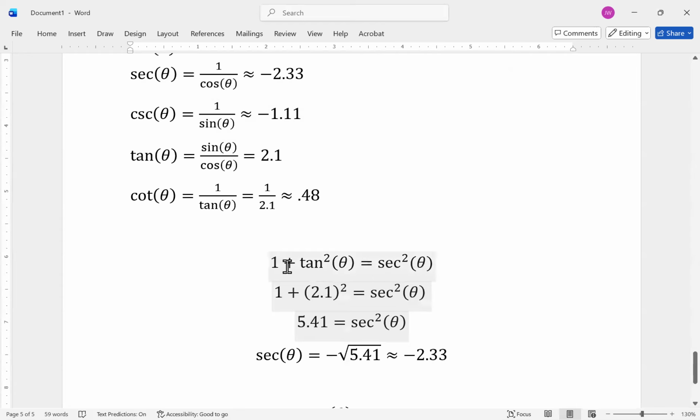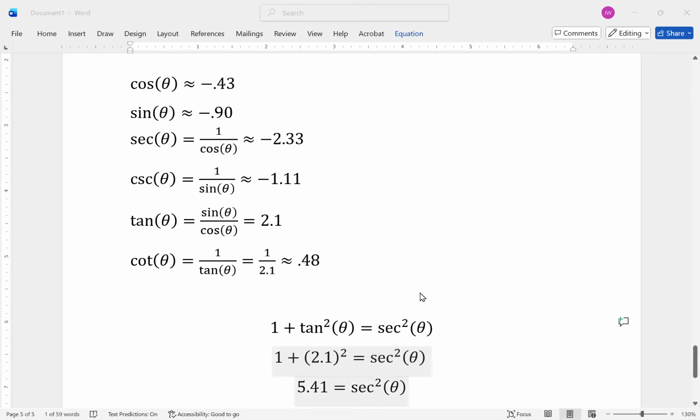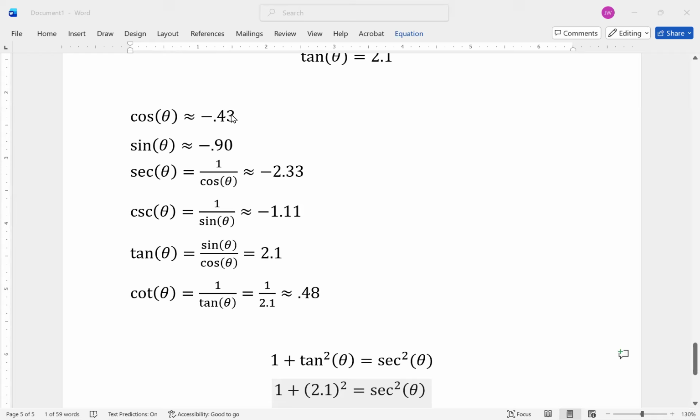So in this case, we had to use the Pythagorean identity involving tangent. Once we did that, we came up with our value for secant, which gave us our cosine, which just led to all of the trig function values.